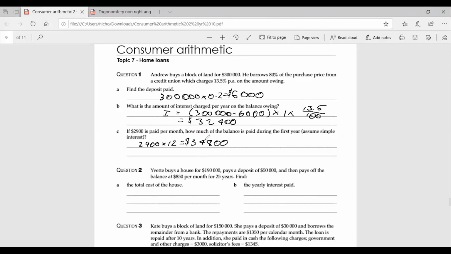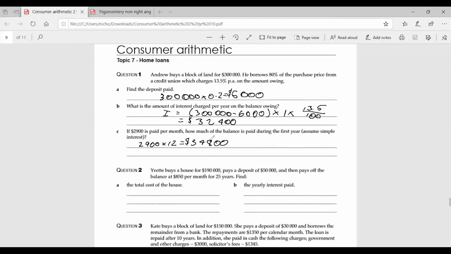34,800. Yeah. So from here, how much interest does he pay? Well, first of all, how much interest is he actually going to be paying each year? Have a look at the previous question. 32,400.